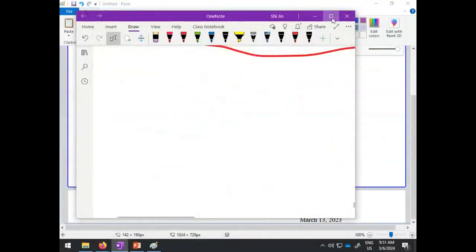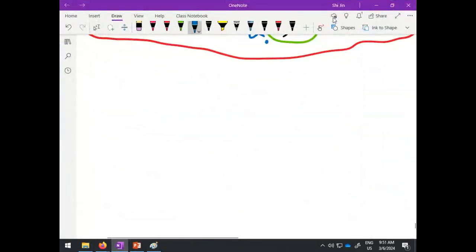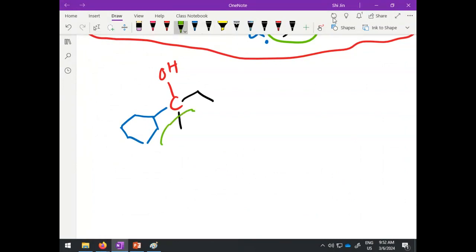Okay. So that was one answer, but you could have others. The central carbon, this one, has to be from carbonyl. But you could have other possibilities as well. So let's say you cut this one, the bottom one, as from organolithium.